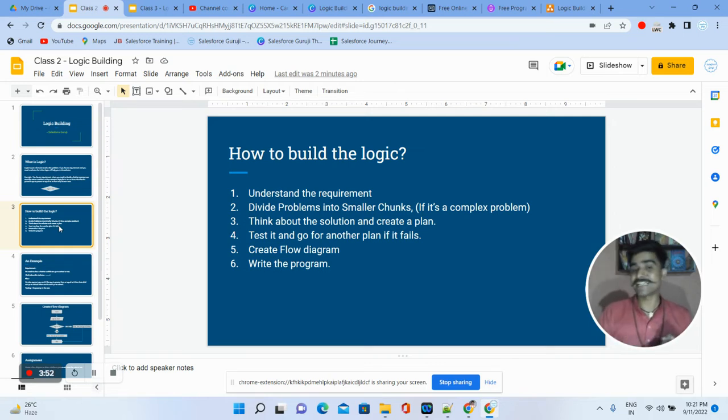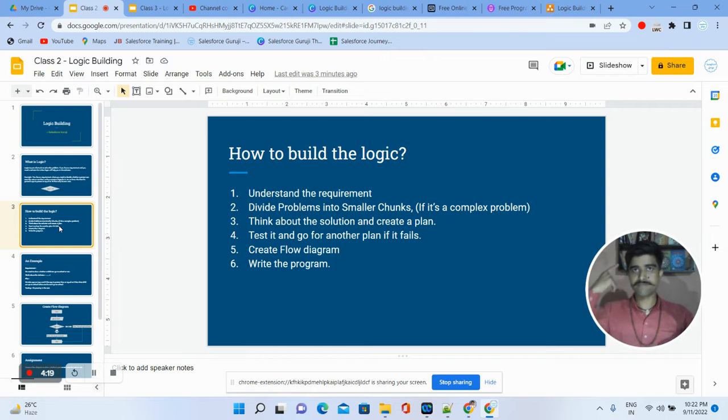The second thing is, if the requirement is very complex, if the problem is very complex, then divide the problem into smaller chunks. Suppose you need to go to America. In this scenario, just divide the problem into smaller chunks. You need to first think about the solution, like how you can go to America.